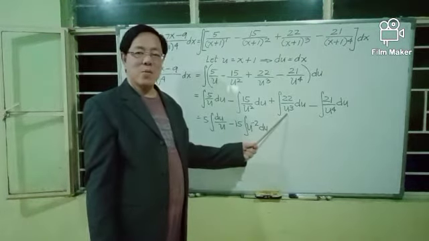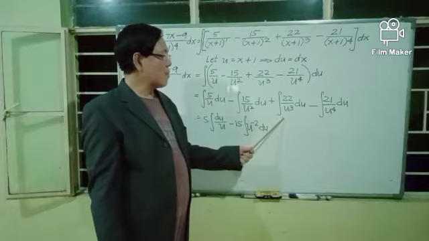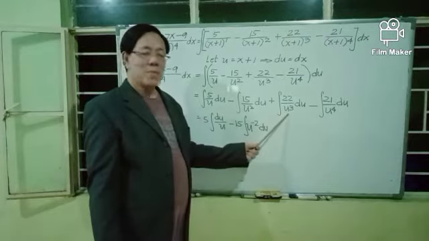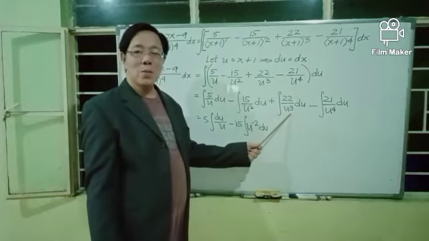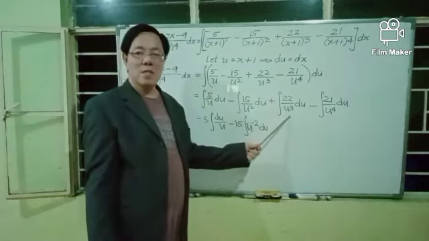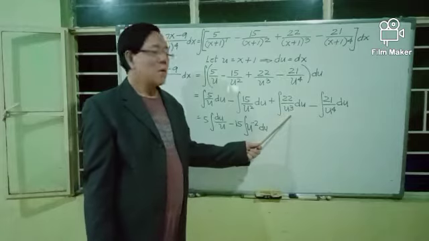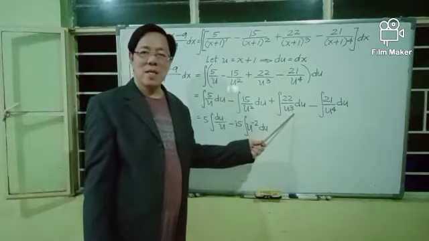The next term is 22 times the integral of u to the negative 3 with respect to u. You bring u cubed to the numerator and you take the opposite sign of the exponent of u, which is positive 3, and it becomes negative 3.